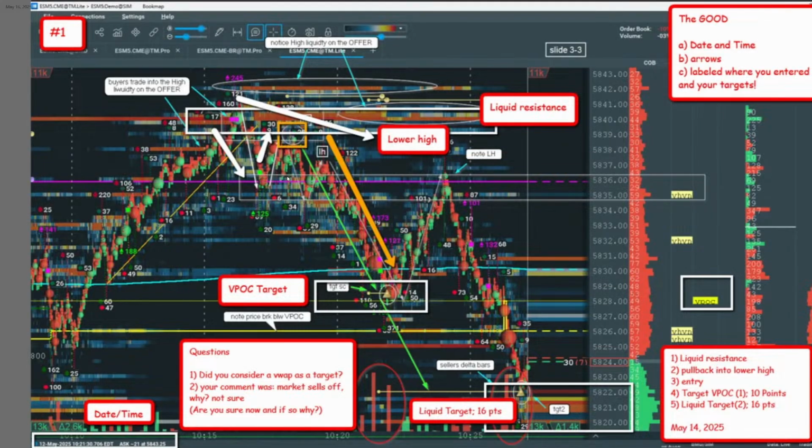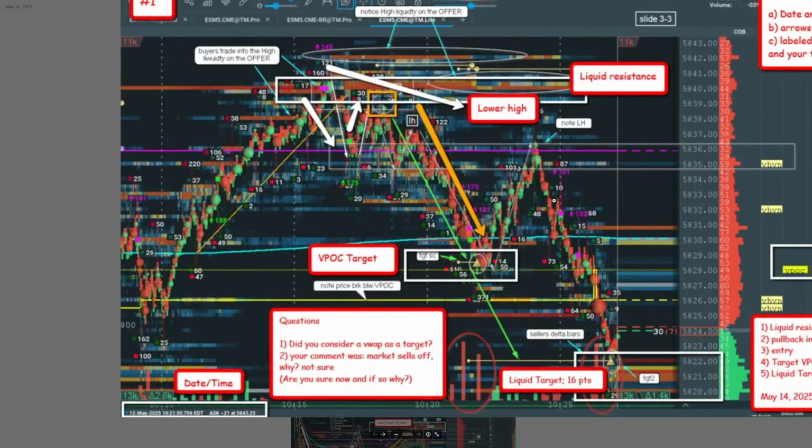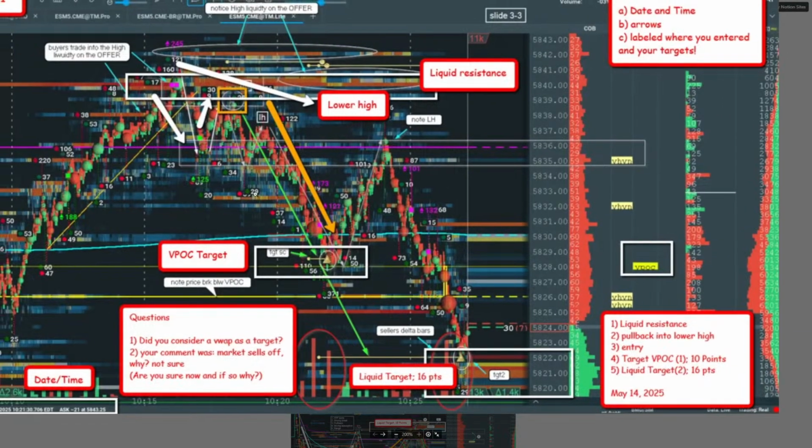Can you just explain that a little bit to the audience, what VPOC is, if you don't mind? Those who may not know. That's the most traded level, point of control. With a profile, you can see that that's a very interesting area. But in this case, I front ran.